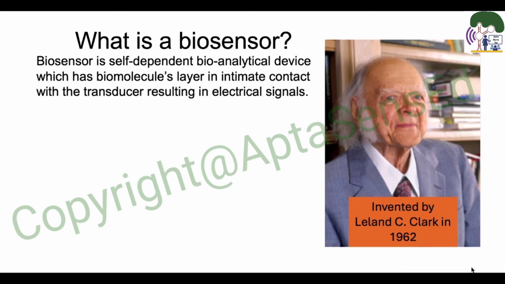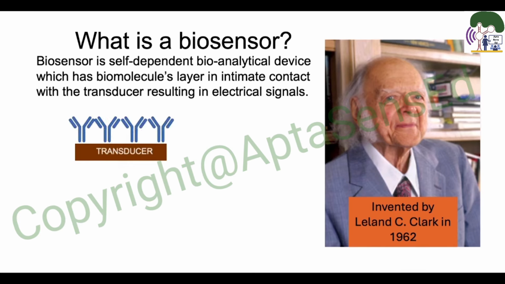The main part of a biosensor is a transducer, which is present in intimate contact with a layer of a biomolecule. The biomolecule can be of different types, which will be discussed in the coming lectures. After arrival, the analyte will bind to the biomolecule and together they will generate a biochemical signal or biochemical change.